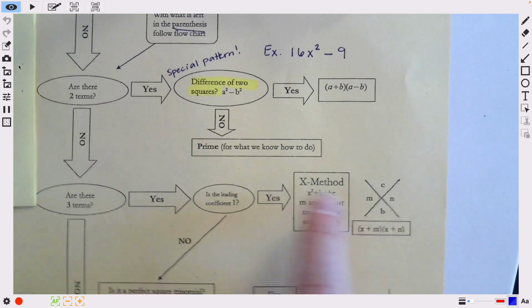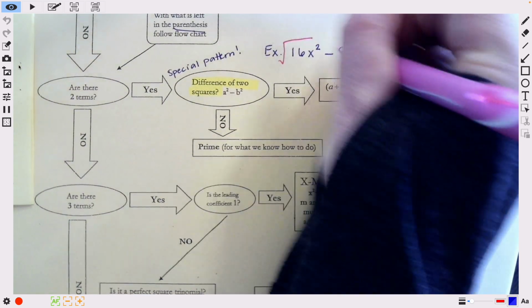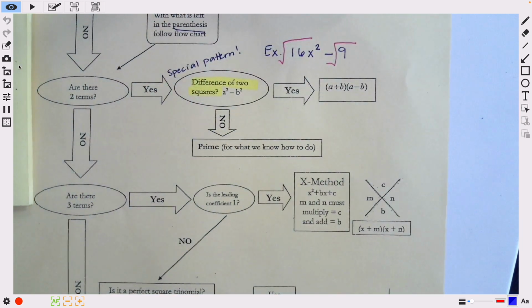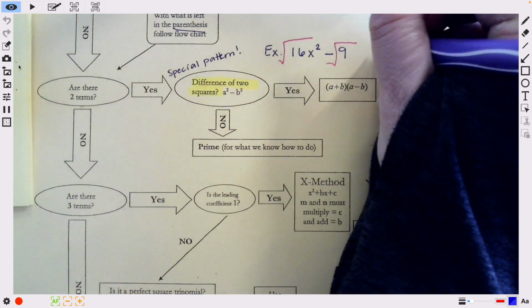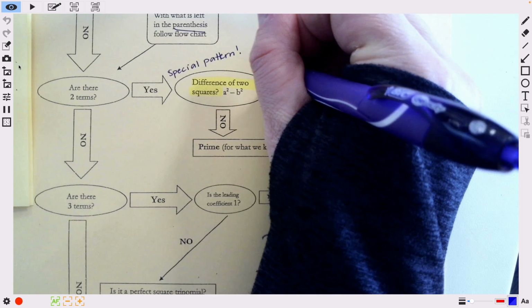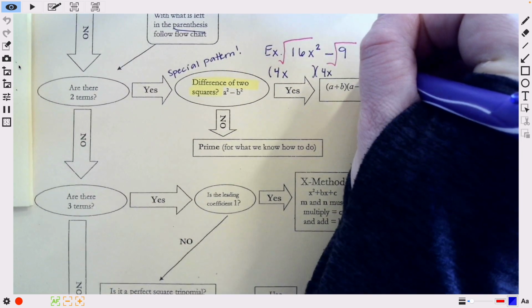The way we get to our answer, just to remind ourselves how we get to this, is we simply square root both terms. I didn't really leave myself a lot of room here, that's okay. The square root of 16x squared is 4x.